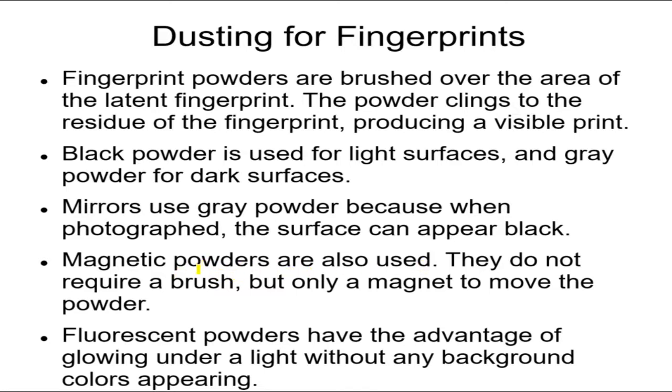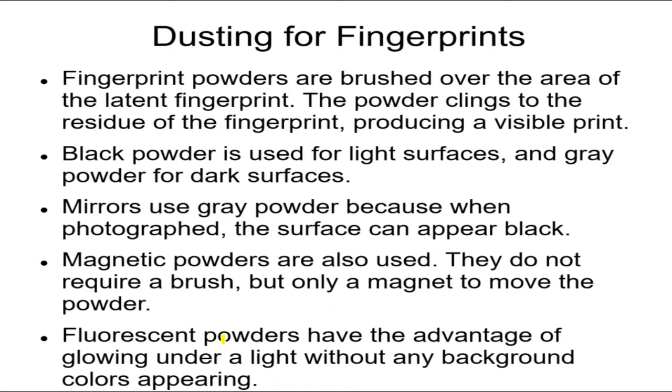You can even maneuver it using the magnet, dragging the powder back and forth over the suspected fingerprint area. If there are fingerprints, they will stick to the magnetic powder. You suck up the rest with the magnet again, and whatever's left behind clinging to the fingerprint is the fingerprint outline.